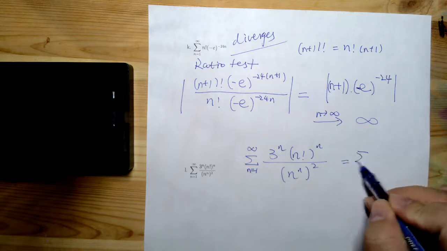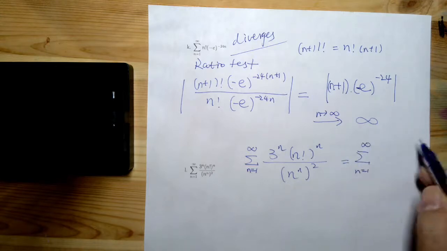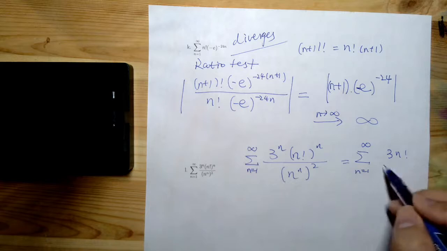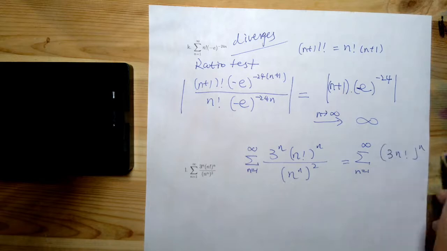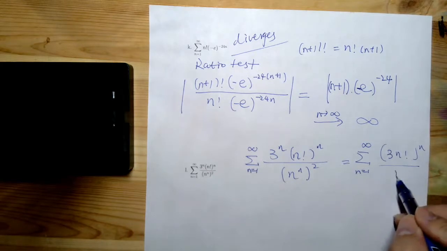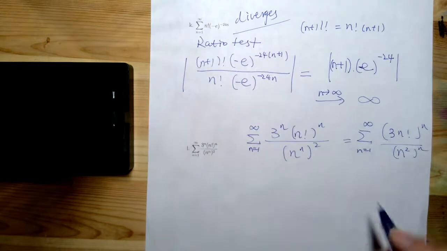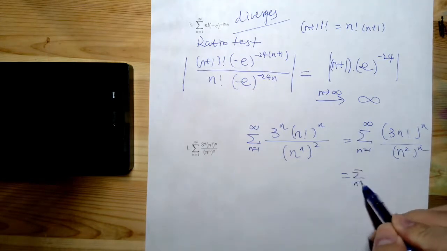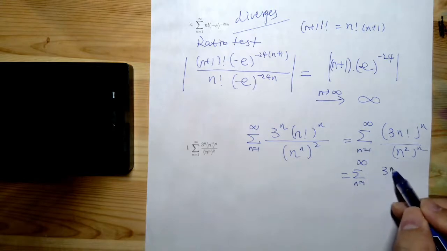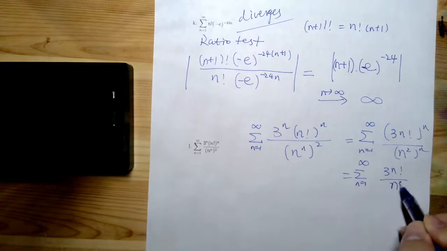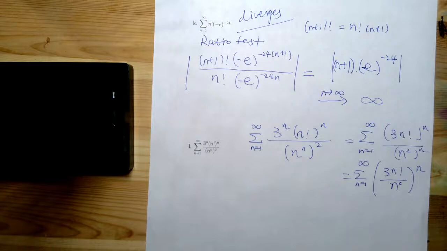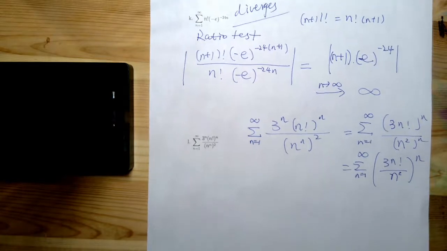If we reorganize this, it's going to be (3n factorial over n^2)^n, right? We can write it this way.